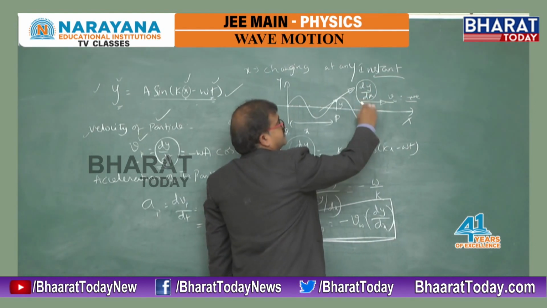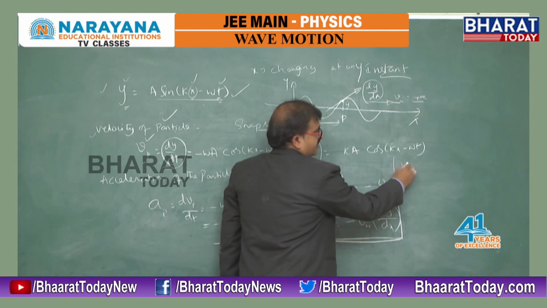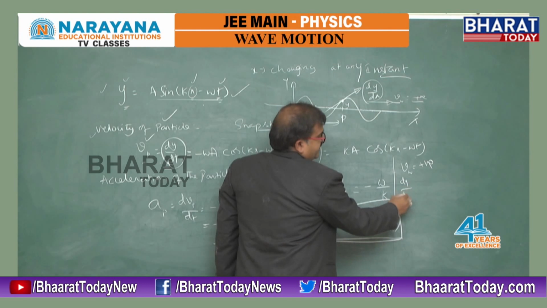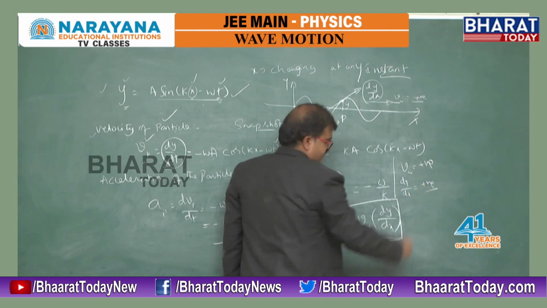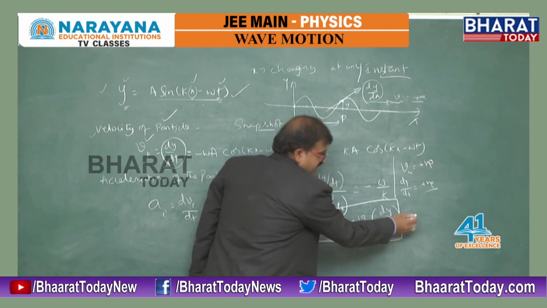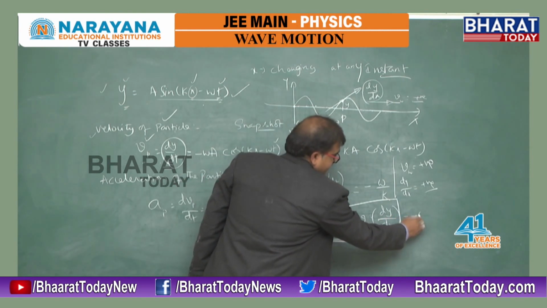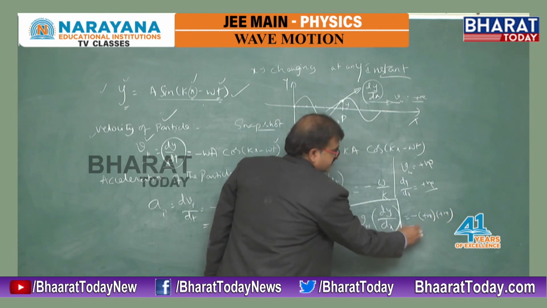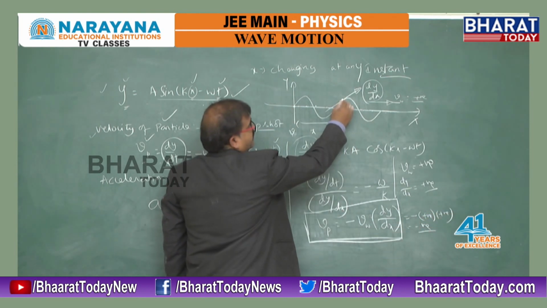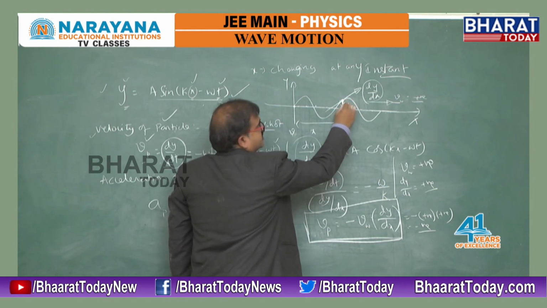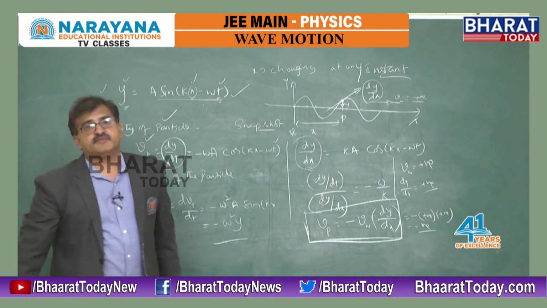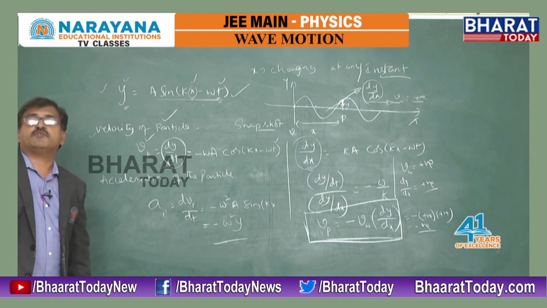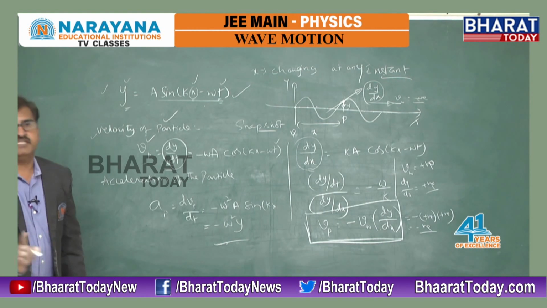If dy by dx is positive, like one example type, vw is positive I am taking, and dy by dx is positive, then the velocity of the particle in this particular case is minus multiplied by a positive value multiplied by a positive value, which is negative. That means this particle at this instant is going down. That's how we can describe the nature of movement of the particles at that particular instant.